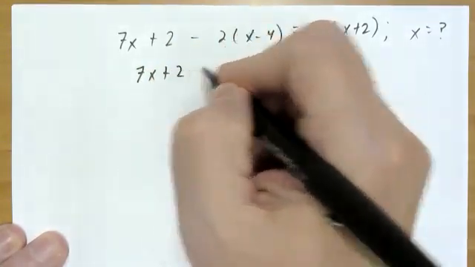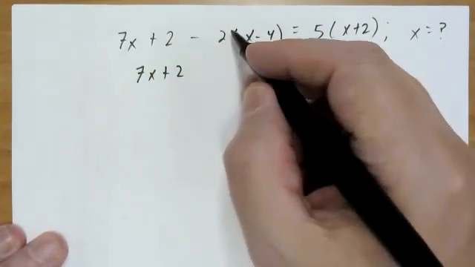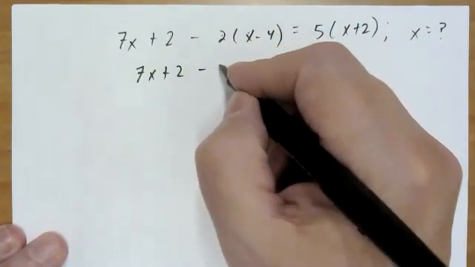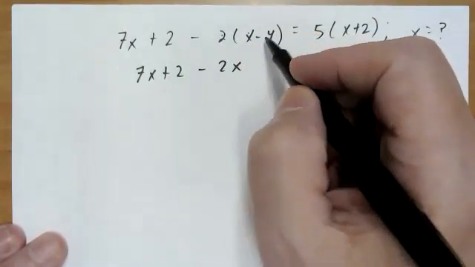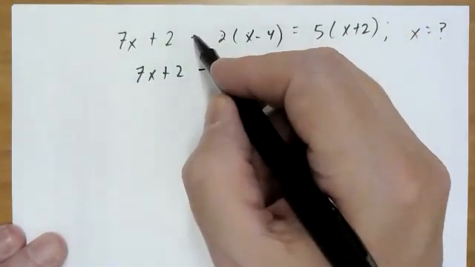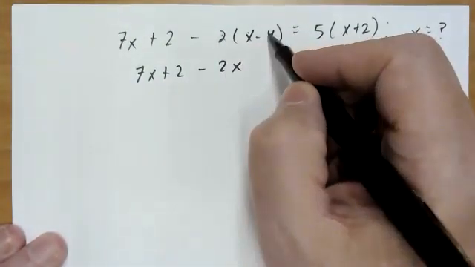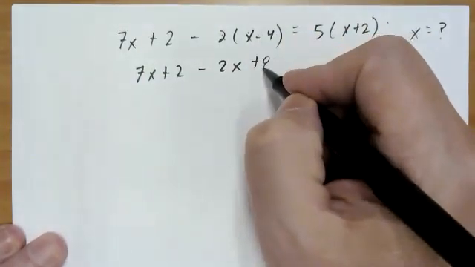So 7x plus 2. Be careful now because I'm subtracting. So when I multiply 2 times x, it's negative 2x. But when I multiply 2 times negative 4, it's really, you could think of negative 2 times negative 4. This negative applies also. So it's actually 8.